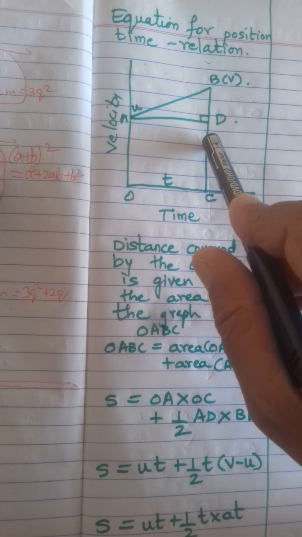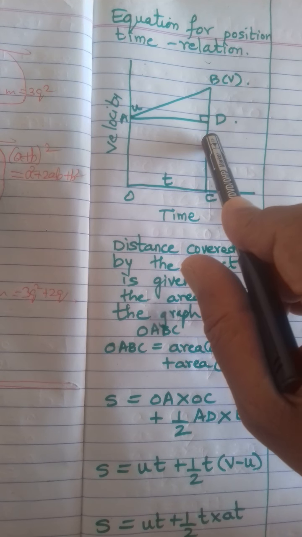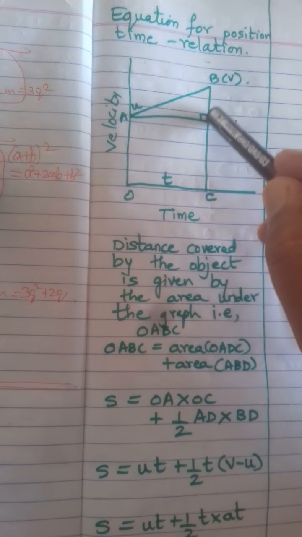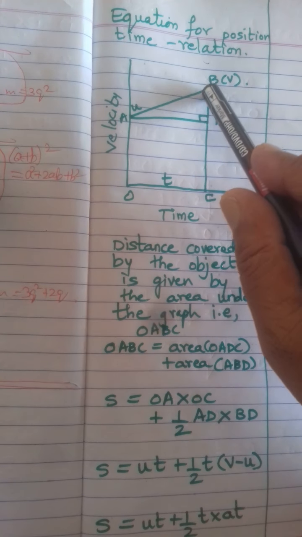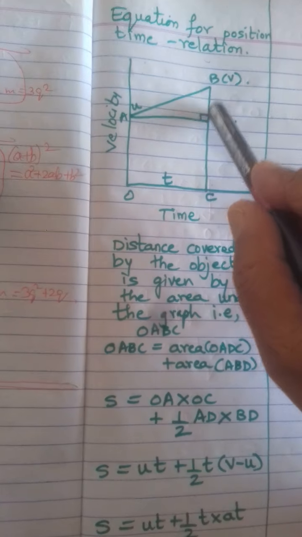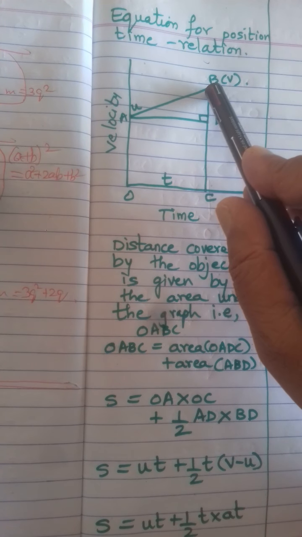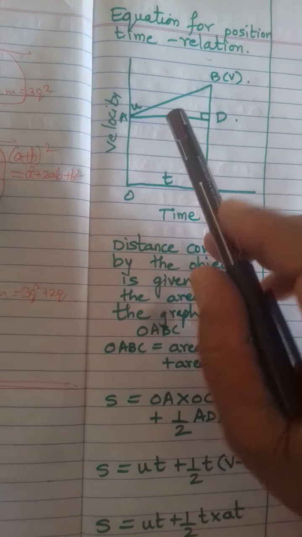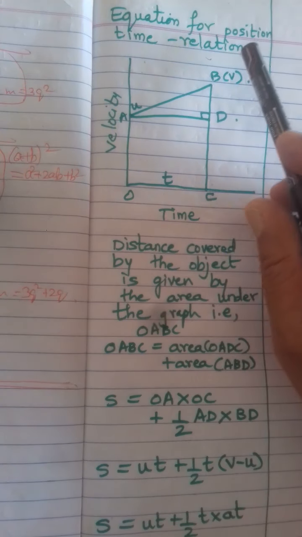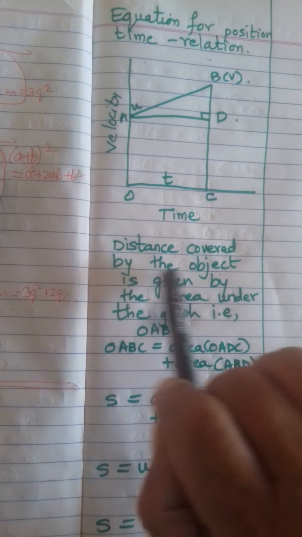And earlier, in the derivation of velocity time relation, you have seen BD, this BD is equal to what? v minus u. You can turn the pages and see.